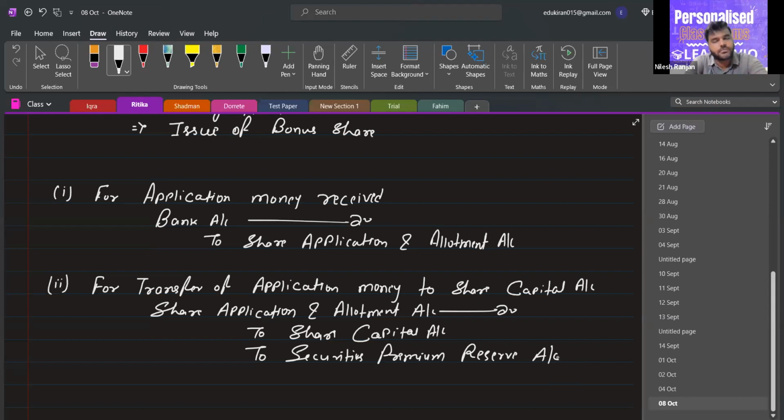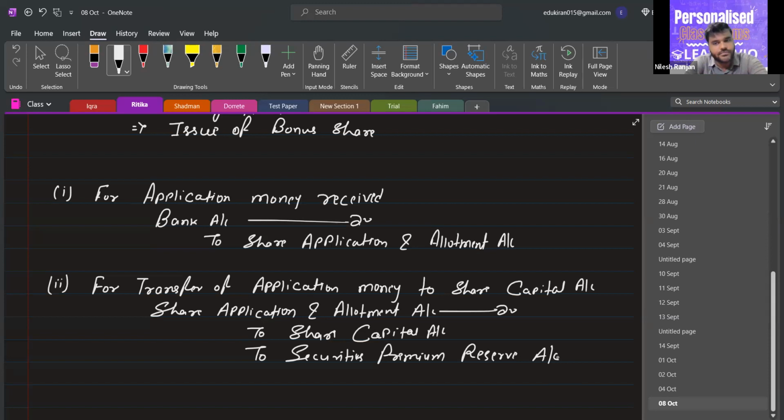When we do not open it, for example, share allotment account debit to share capital account. Here the total amount called will be written, and then bank account to share allotment account. Here the amount not received will be deducted from the total amount and that will be written.